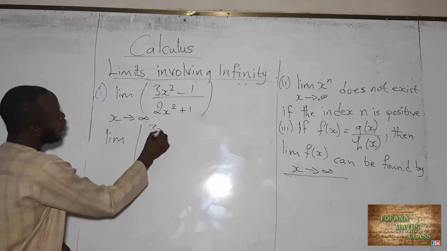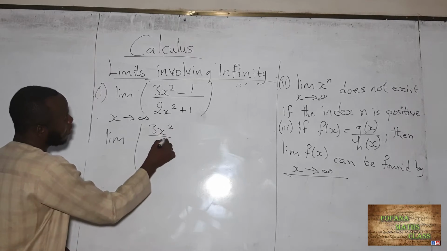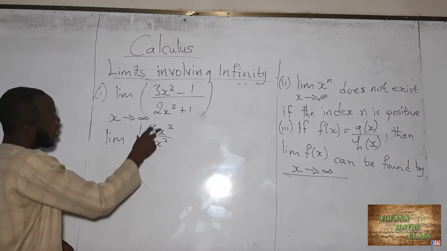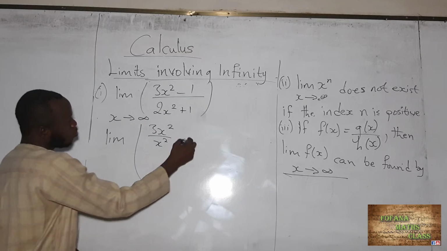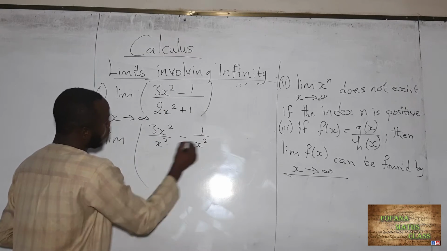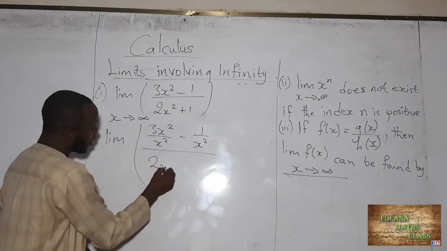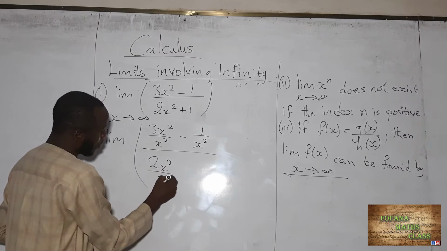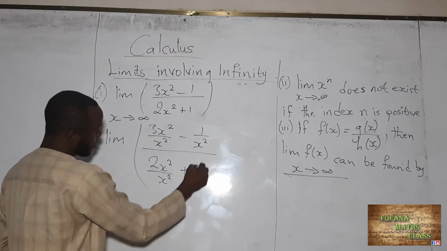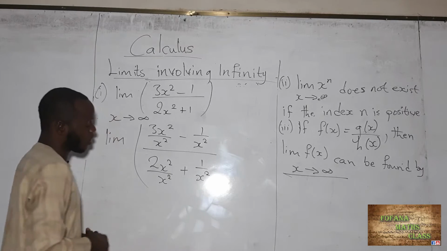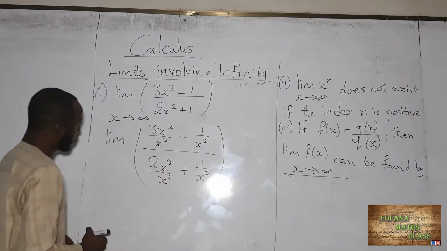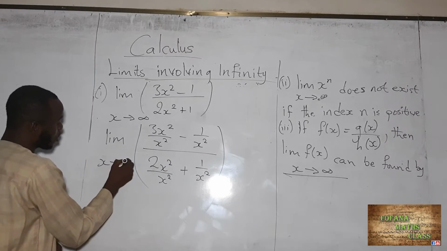So we divide both the numerator and the denominator by that highest power of x. Here we have 3x squared over x squared minus 1 over x squared, all over 2x squared over x squared plus 1 over x squared, as x approaches infinity.